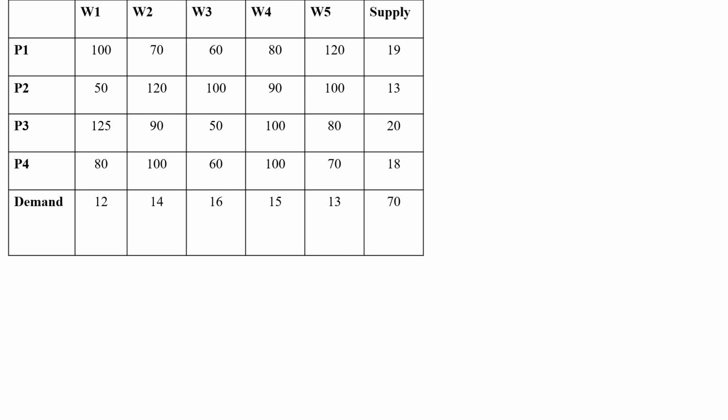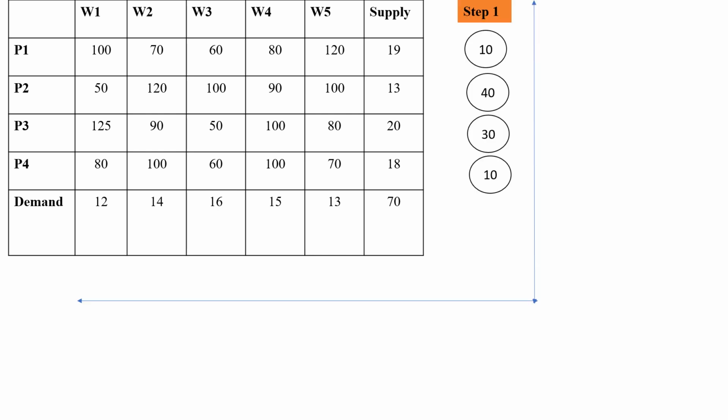Then the difference is 10. Similarly in P2 the difference is 40, between 90 and 50. P3, the difference is 30, between 80 and 50. P4, the difference is 10, between 60 and 70.